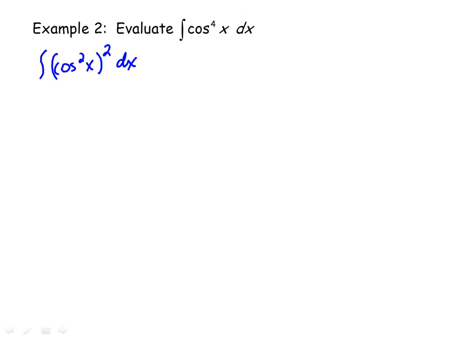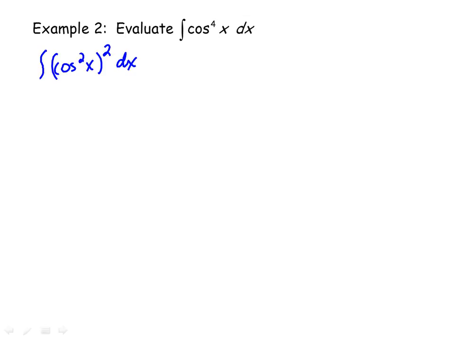Or, why can't I say something like cosine to the 3rd x times cosine x? Break it apart like we did with the odd powers.